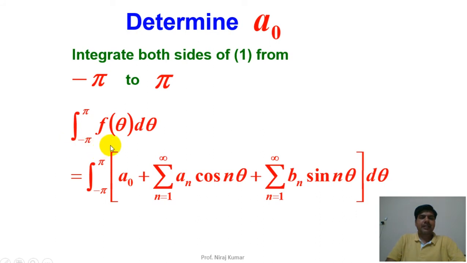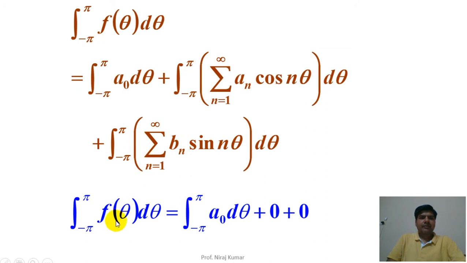So on the left side we will have only the integral from minus pi to pi of f theta d theta, and on the right side we have the integral from minus pi to pi of a naught d theta. So this is the integral from minus pi to pi f theta d theta equal to the integral from minus pi to pi a naught d theta plus 0 plus 0.